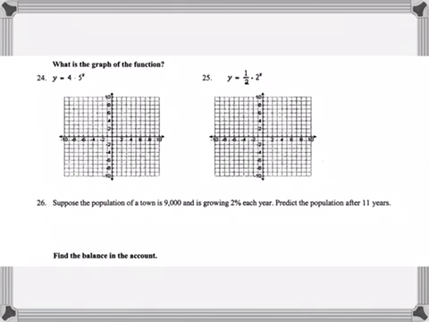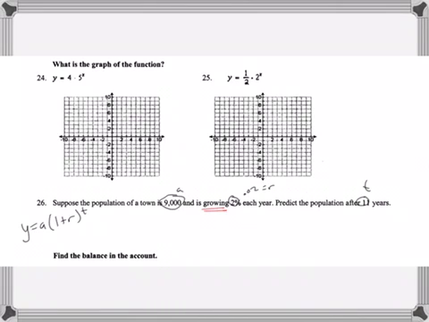All right, let's look at 26. It says, suppose the population of a town is 9,000 and is growing 2% each year. Predict the population after 11 years. Well, the term growing tells us it's exponential growth, so we're going to use this function. I know that my initial value is 9,000, so A is 9,000. Your rate is 2%, or 0.02, and time is 11.